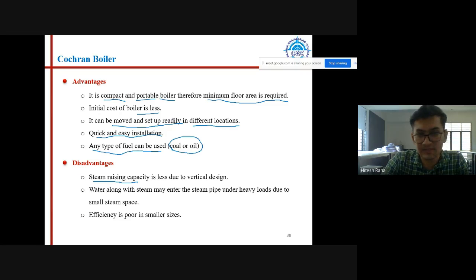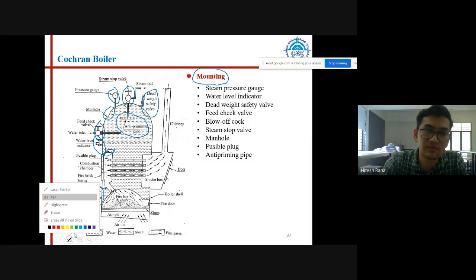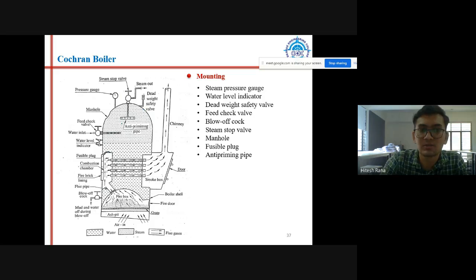The steam rising capacity is less due to vertical design. Water along with steam may enter the steam pipe under heavy load due to small steam space. अब क्या होता है, यहाँ पे जो स्टीम स्पेस अवेलेबल है वो काफी कम होगा. तो अगर अंदर का प्रेशर बढ़ जाता है या हम मैक्सिमम कैपेसिटी पे इस बॉयलर को रन करवाते हैं, तब क्या होगा, यहाँ पे एंटी प्राइमिंग पाइप जो है वो अपना काम ठीक से नहीं कर पाएगा. मीन्स सारा मॉइस्चर वो रिमूव नहीं कर पाएगा. सो सम मॉइस्चर मे एस्केप द बॉयलर थ्रू दिस स्टीम स्टॉप वाल्व.